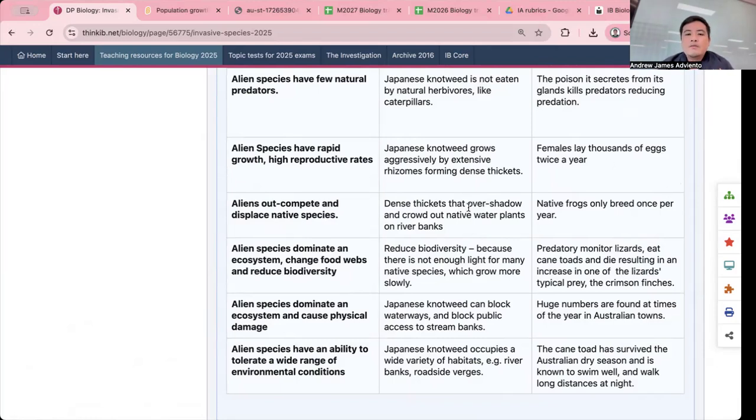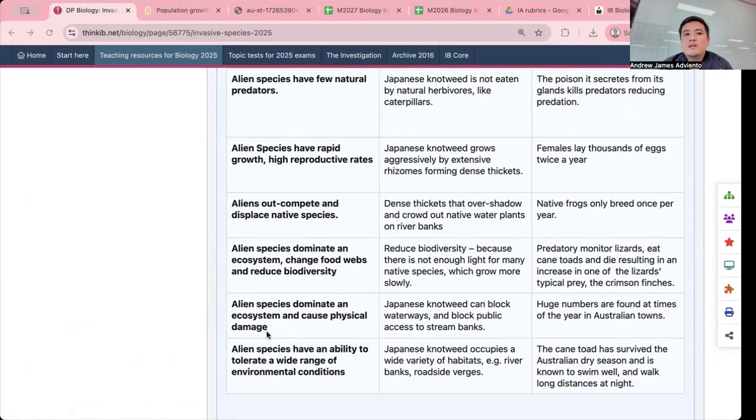In terms of predation, some invasives are predators that native species have not evolved defenses against. So this can lead to drastic declines or even local extinction of native prey species.